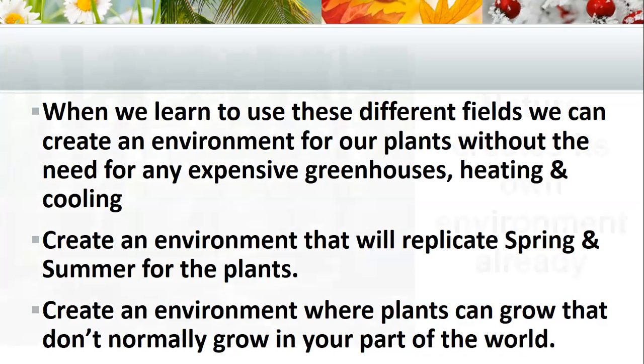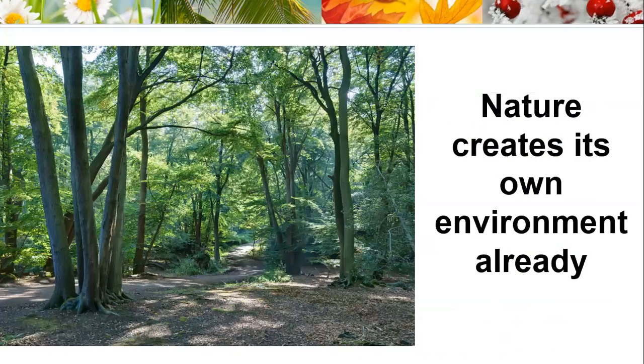And one can see that nature is doing this all the time. When you walk through a forest, we'll call it a microclimate in our garden. There are certain spots in our garden where there's a clump of trees and bushes, and it's a lot cooler than another spot in the garden.